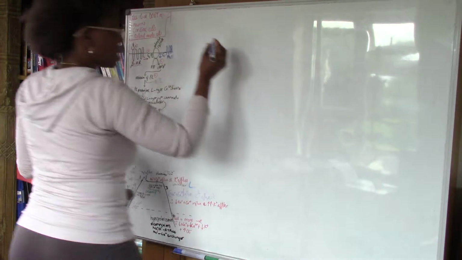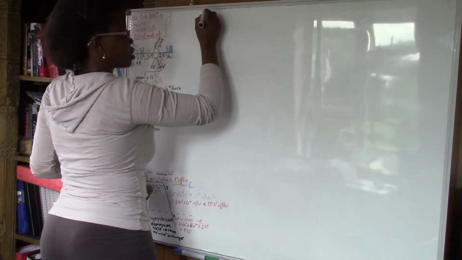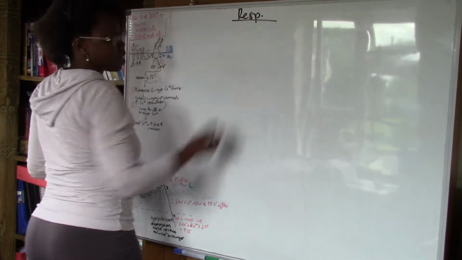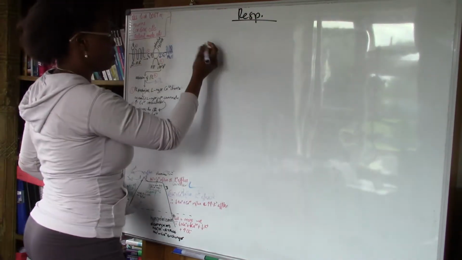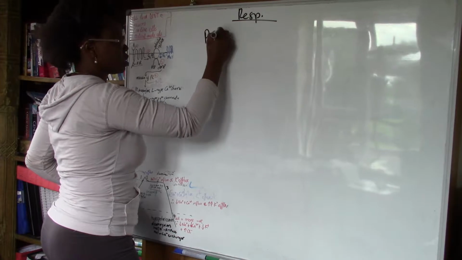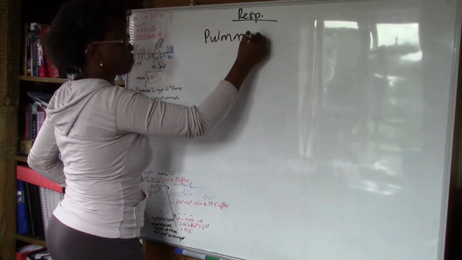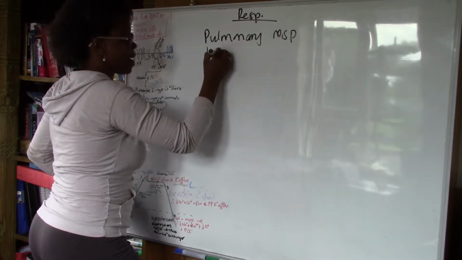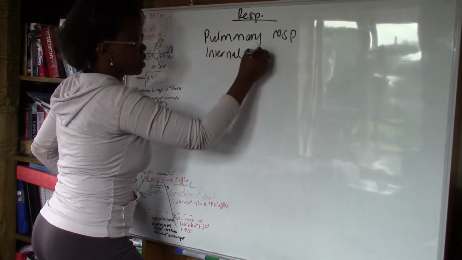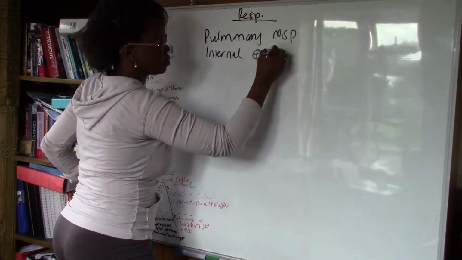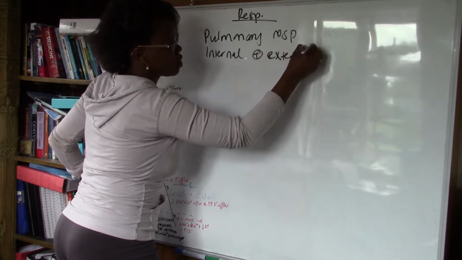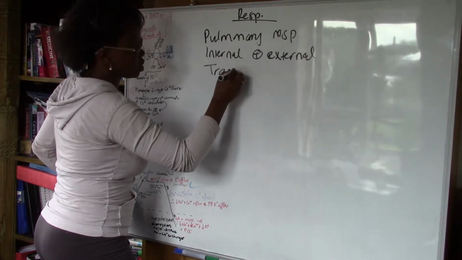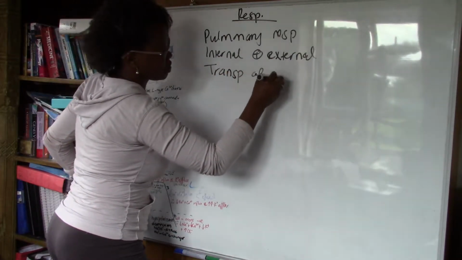So the 4 types of respiration that occur in the human body, starting with pulmonary respiration, internal and external respiration, and the transport of gases.